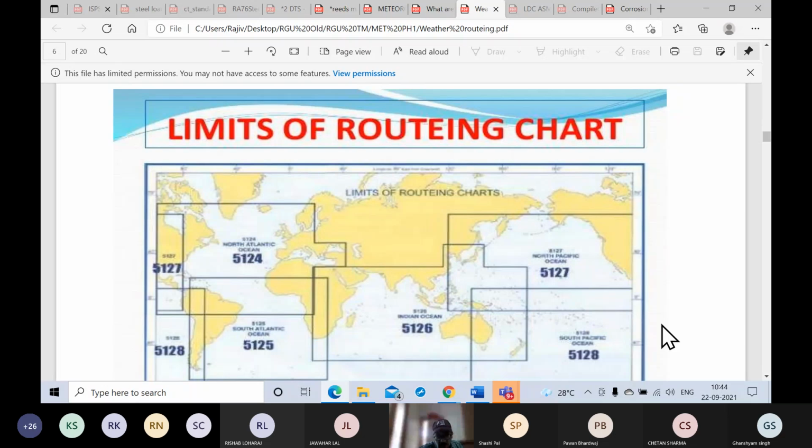And it goes without saying, the routing charts cannot be used for navigation, but only for routing.